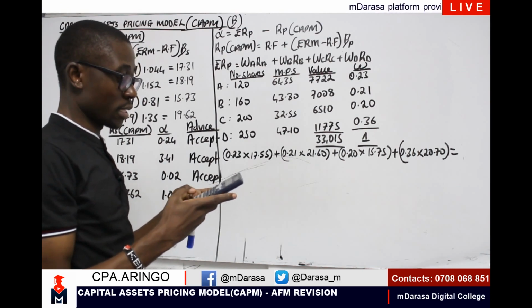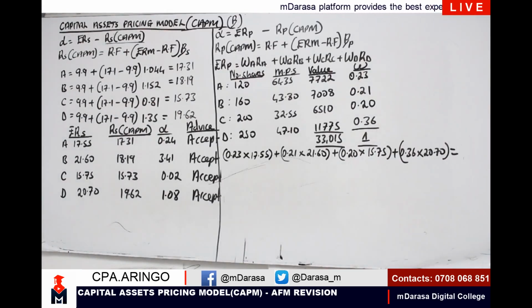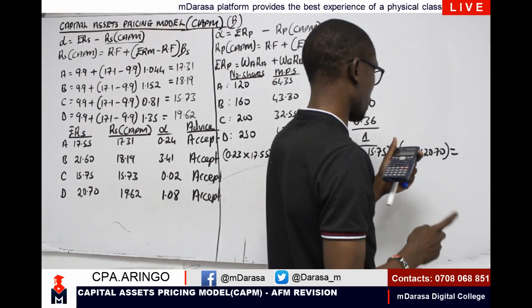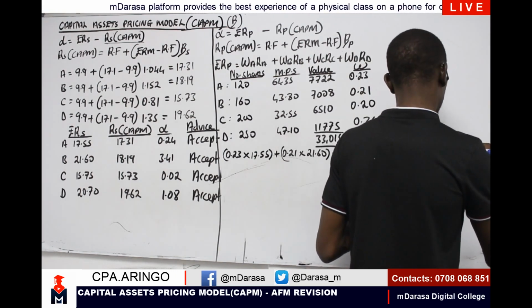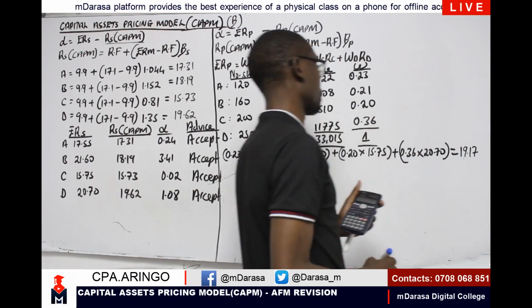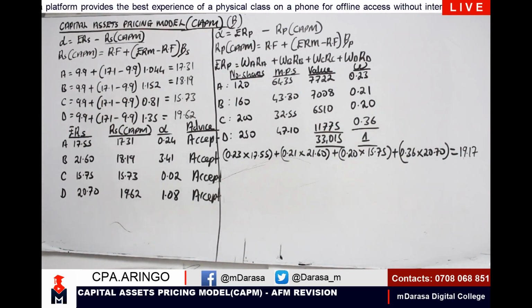So this should give us 19.17 if you are to take it to 2 decimal places, which you can confirm with your calculators. I'm getting 19.17.